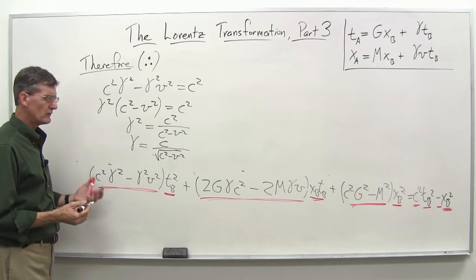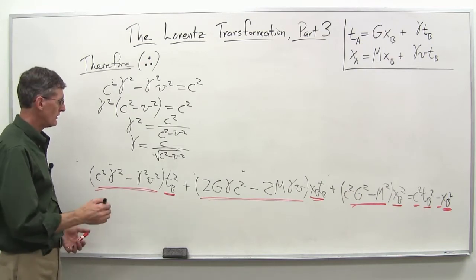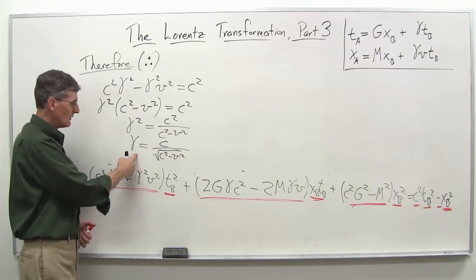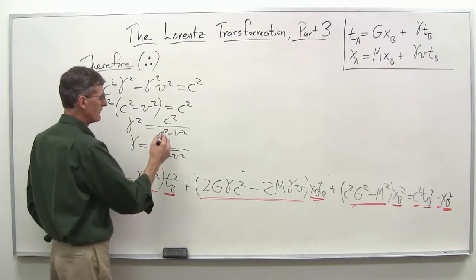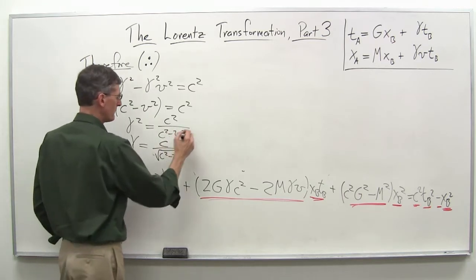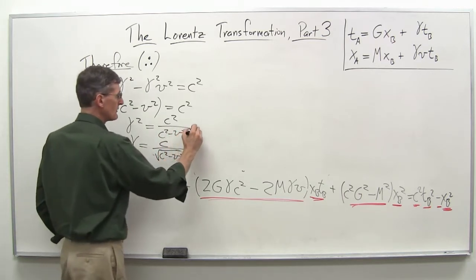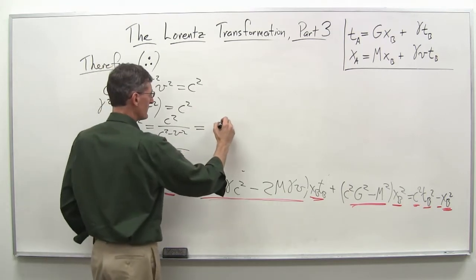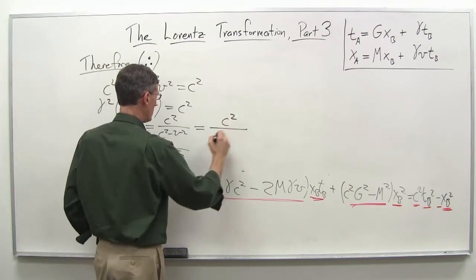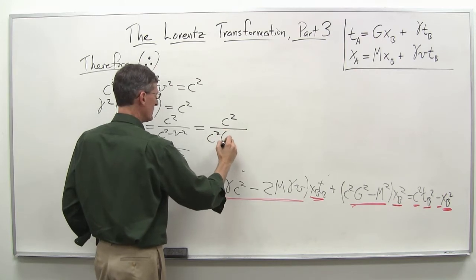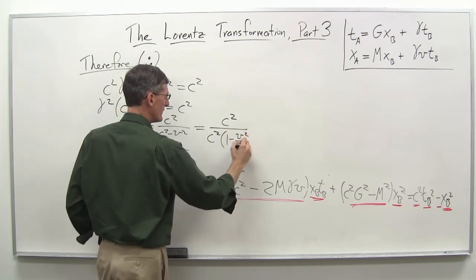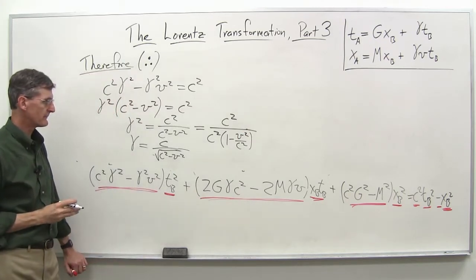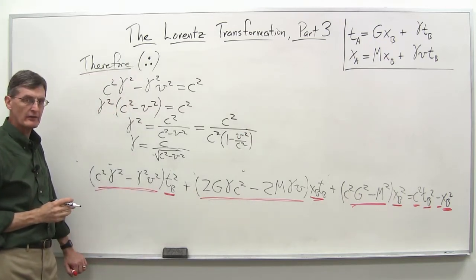And you say, well, what's going on here? Is that really gamma? Well, it is actually. You can see it a little bit better if, before we took the square root, we write this as C squared over C squared times 1 minus V squared over C squared, like that, as we did in an earlier video clip.